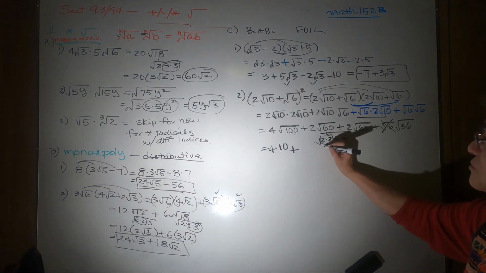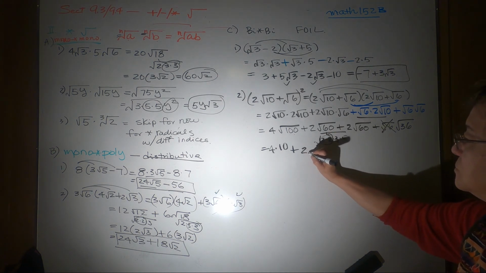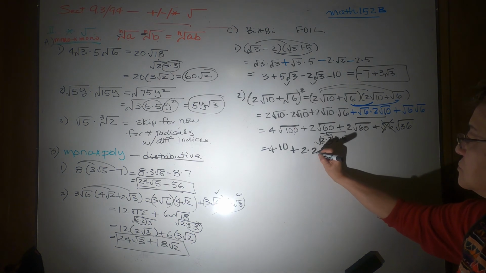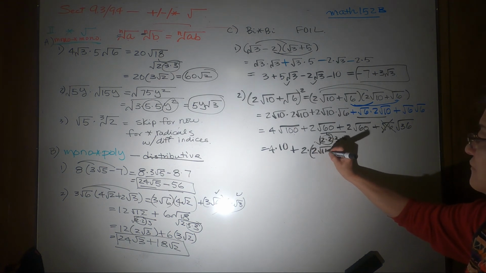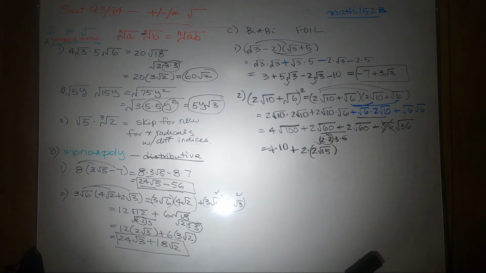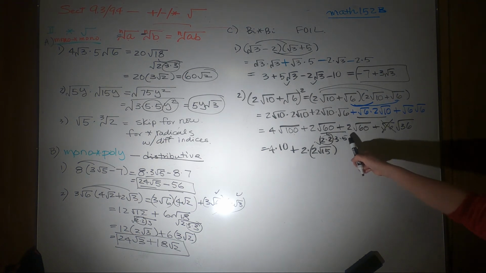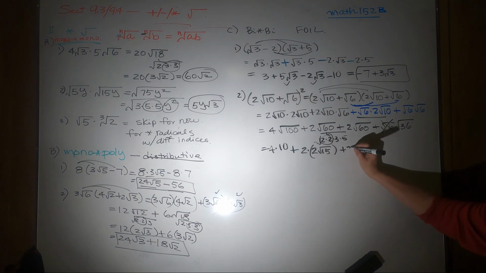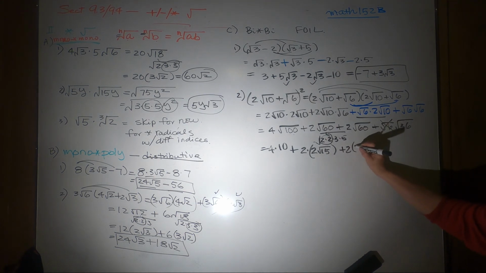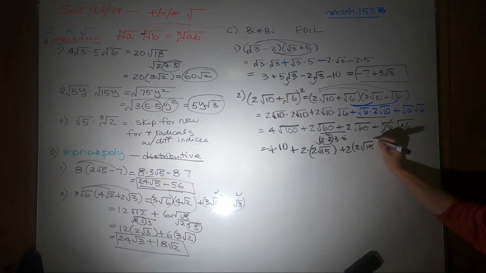So 2 has to be outside, so become 2 times what? 2 outside and 15 inside. Is that right? This is the same thing for that, like here. So it will be 2 outside, 60 will be 2 and square root of 15, right?